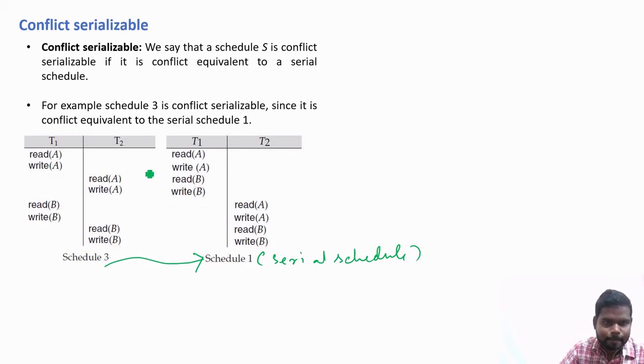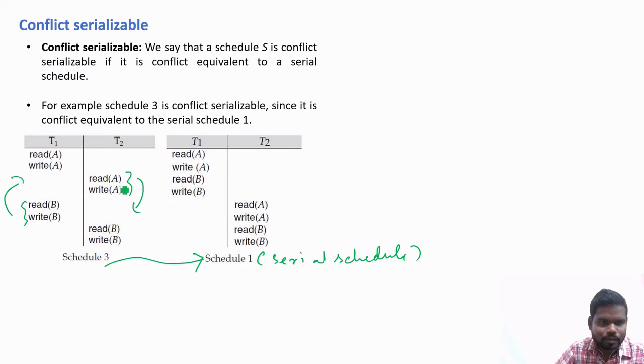In order to transform schedule 3 to schedule 1, these two instructions will move up and these two instructions should be moved down. These two instructions and these two instructions are working on different data items.